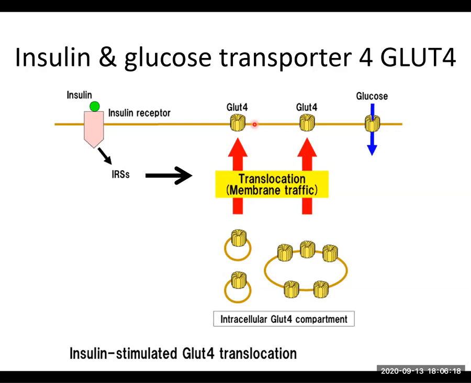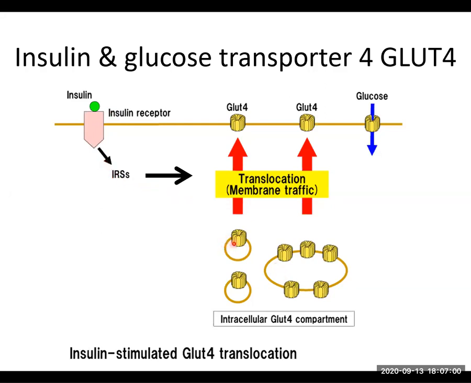we do not see in every cell, but we see it more abundant in two types of cells. One is the muscle cell, and the other one is the fat cell. So in the muscle cells and the fat cells, if the insulin is released, insulin will act on the insulin receptor, and the insulin receptor will cause a reaction.